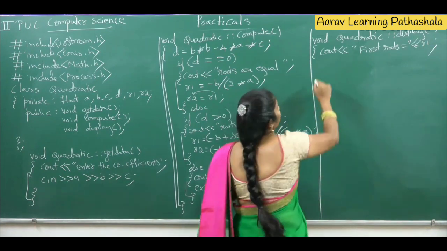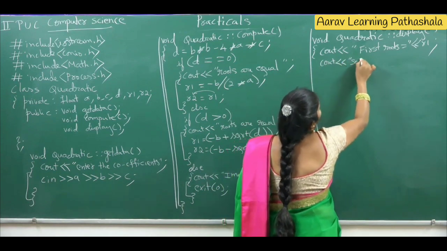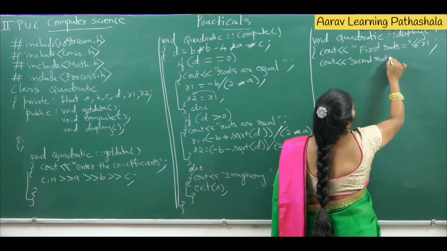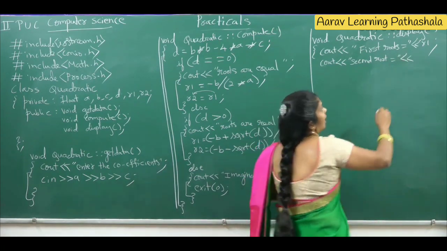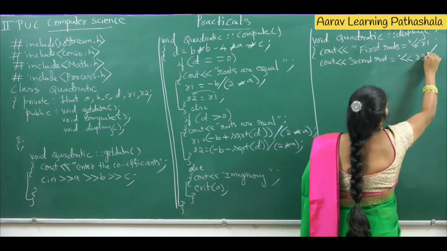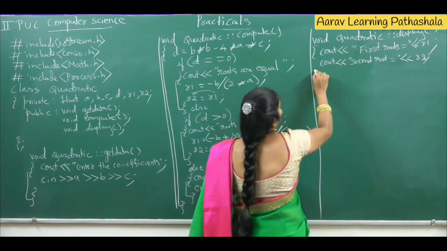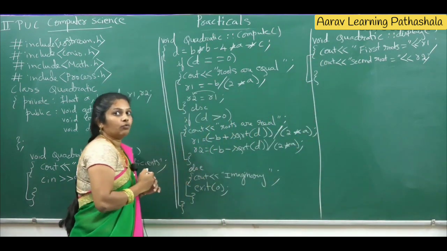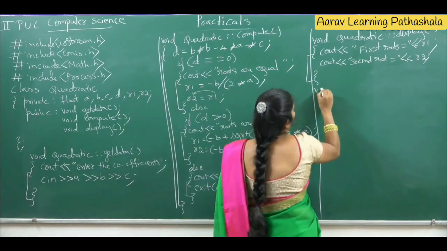Next display the second one, cout insertion operator second root equals. Display the root 2 value, that is R2. R2 here we have displayed. Then we will close this function. One more function I have to write, that is the main program. For that, void main.